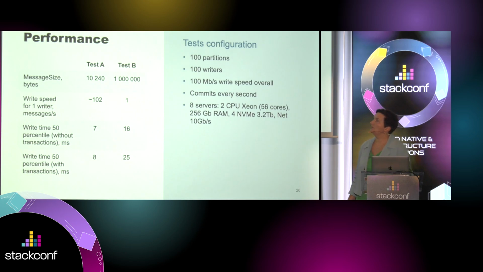So we've done a series of performance tests when we write into the topic within a transaction and without a transaction. And here you can see some examples. In both tests, A and B, we have 100 partitions, 100 writers, and 100 megabytes per second write speed overall. The difference is that in test A, we are trying to write small messages of 10,000 bytes, and in test B, we are trying to write big messages.